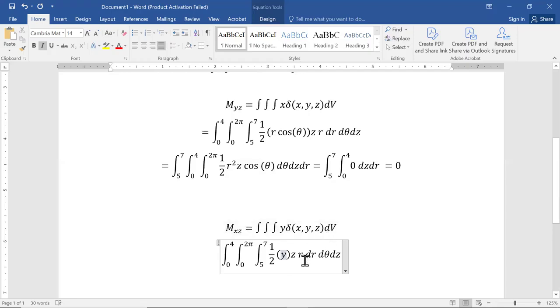And then the dV turns into r dr d theta dz. But again, z is constant. The y I have to change to r times sine of theta.